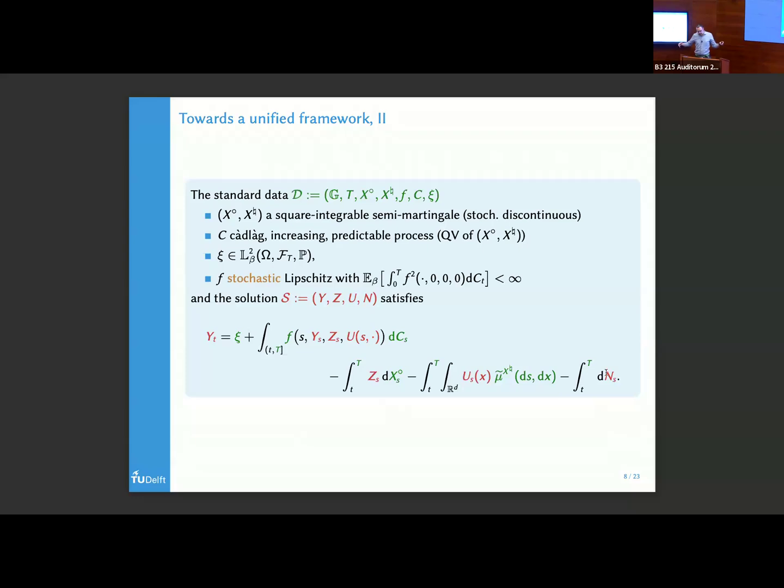No, in this setting you don't. This process does not have the predictable representation property, so you cannot span all stochastic integrals by just looking at these two terms, and then you need a term which is orthogonal to these two in order to complete the space.